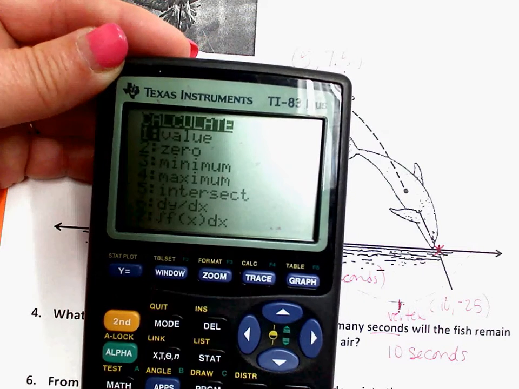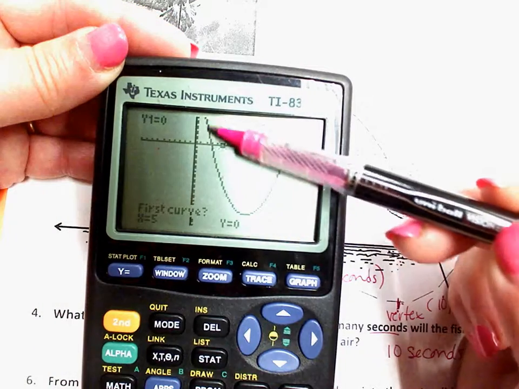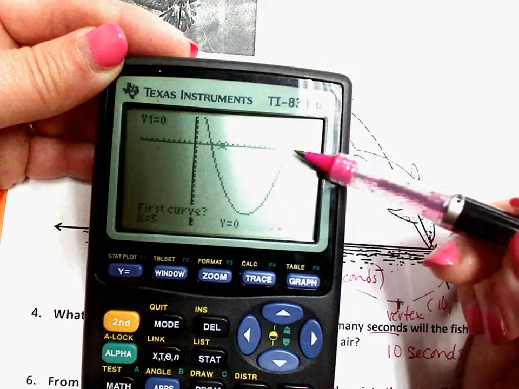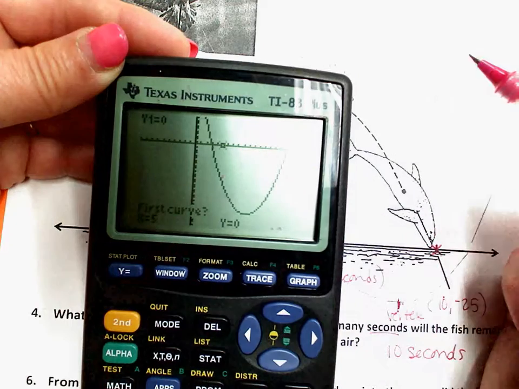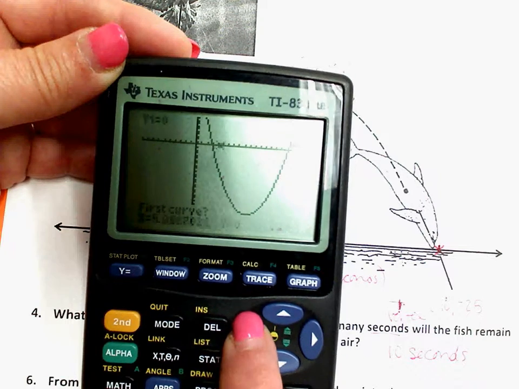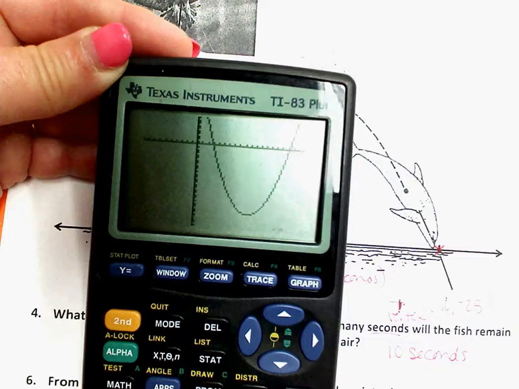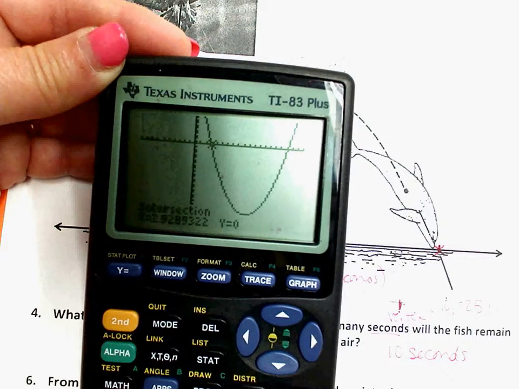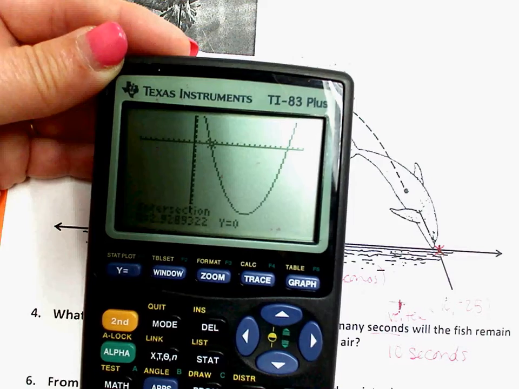And I want to know this one, because the question was, how long did it take him to enter the water? This one represents the bird coming back up out of the water. So this is the one I want to find. So I'm just going to get right over there next to it and enter, enter, enter. And it tells me that this intersection is at 2.9, I'm going to round it to 2.93 comma 0.